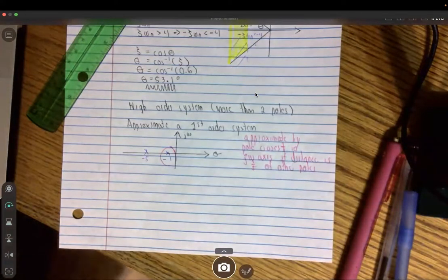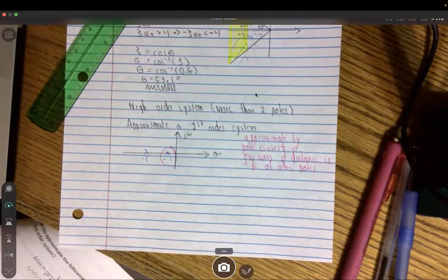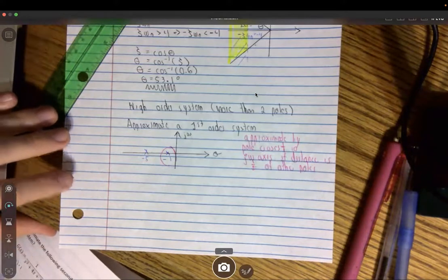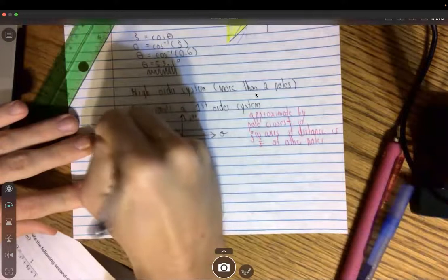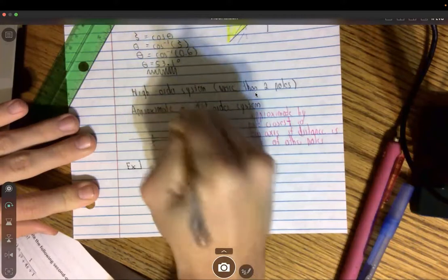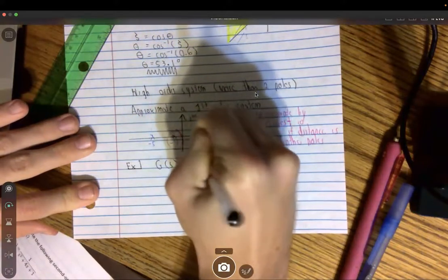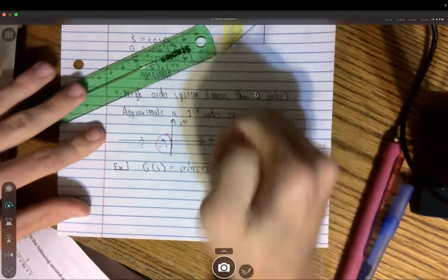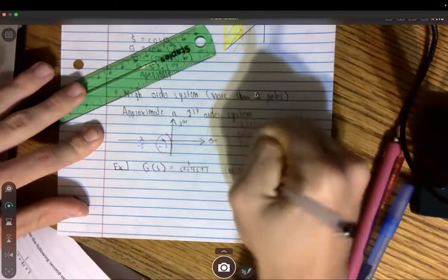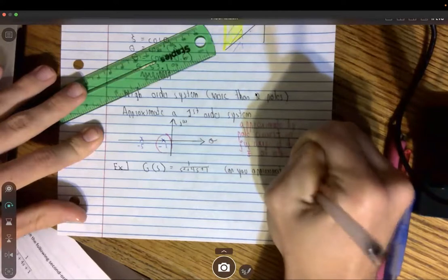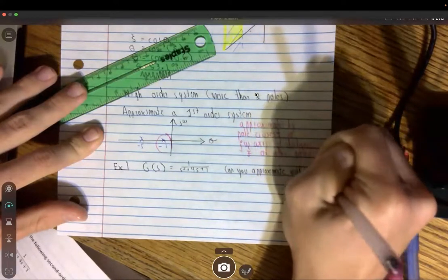Now that we saw that, we're going to do an example here, which I think is important in order to understand. So can you approximate this system where you're given G of s equal to 1 over s squared plus 4s plus 1? It's wanting to know, can you approximate this second order system with a first order system?